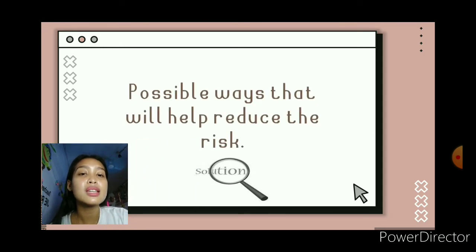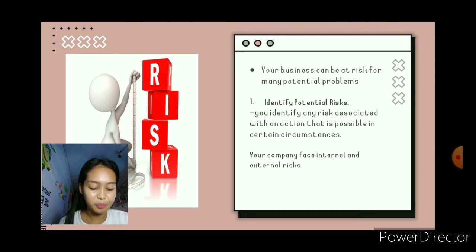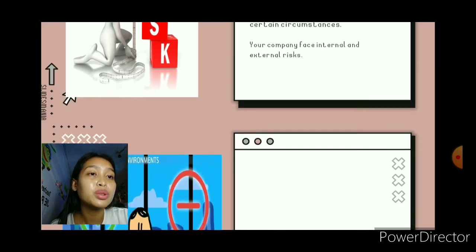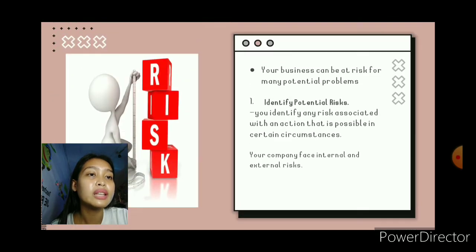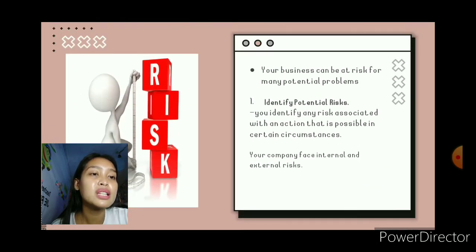So lastly, what are the possible ways that will help reduce the risk? Your business can be at risk for many potential problems. So identify potential risk. You identify any risk associated with an action that is possible in certain circumstances. Your company faces internal and external risk.